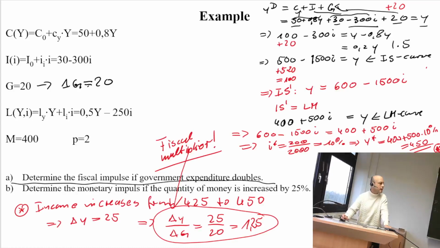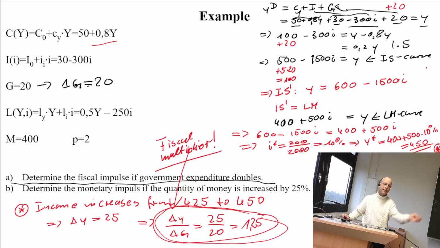And here now you have this example that if you compare it with the pure commodity market, there with a marginal rate of consumption of 0.8, the fiscal multiplier should be 1 over 1 minus Cy, which would be 5. And here you see this crowding out effect, that this dampens the multiplier down to 1.25.